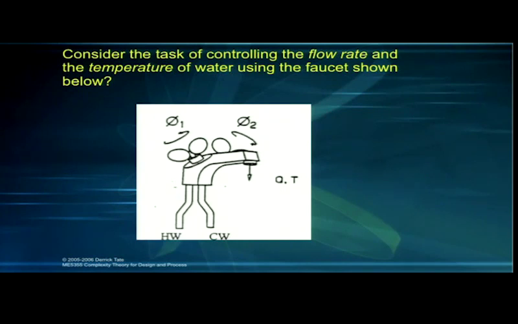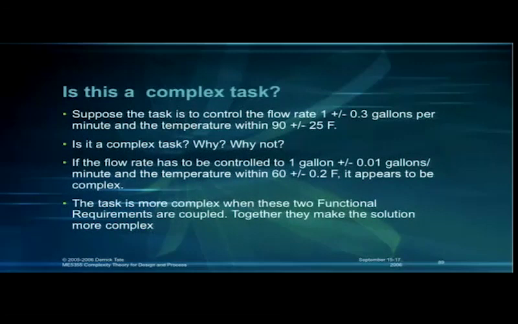So let's say you had to control the flow rate and the temperature of the water in this faucet. Is it complex to do that? I don't know, so let's look at it. If the task is to control the flow rate based on what you see on the slide, does that make it complex if you know exactly what the temperature needs to be and what the flow rate needs to be?